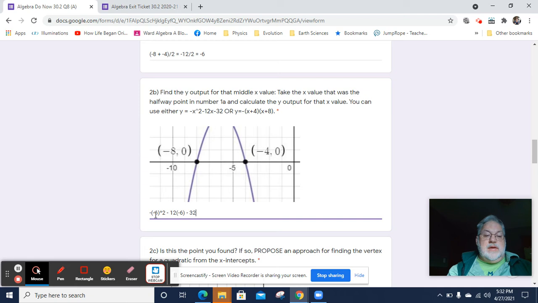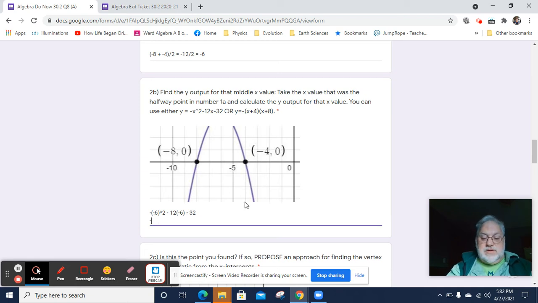So negative 6 times negative 6 will be 36, but it's negative, so negative 36. And then negative 6 times 12 is going to be negative 72. I'm going to subtract negative 72, so minus negative 72 will be like adding 72. And then minus 32.